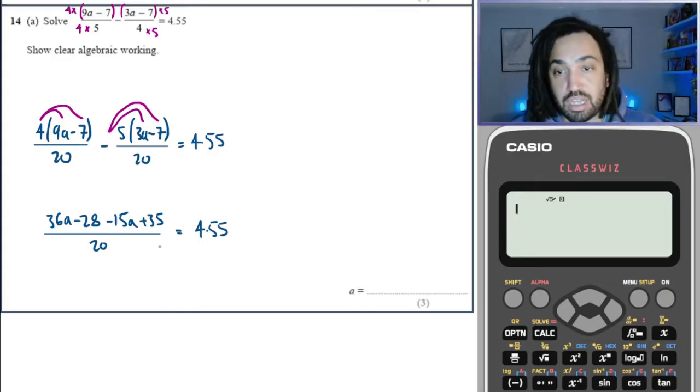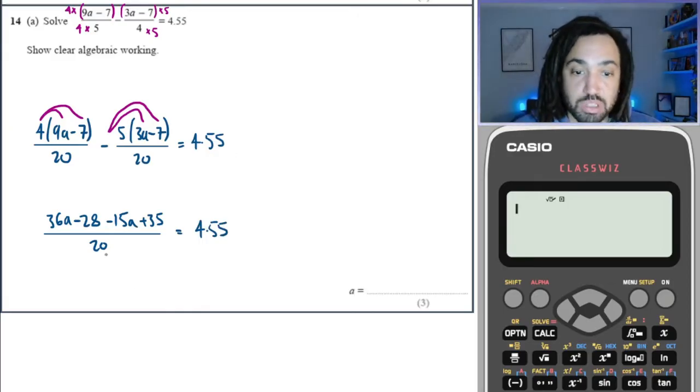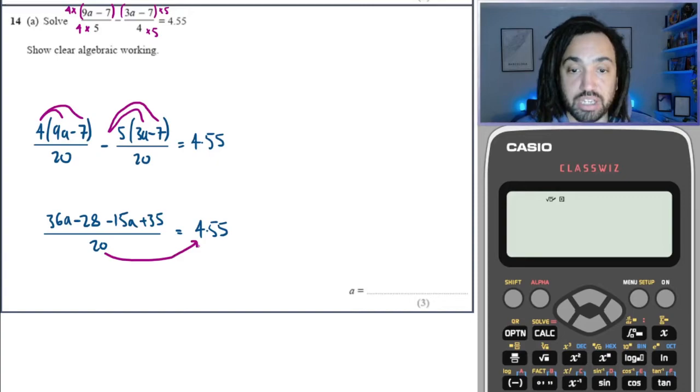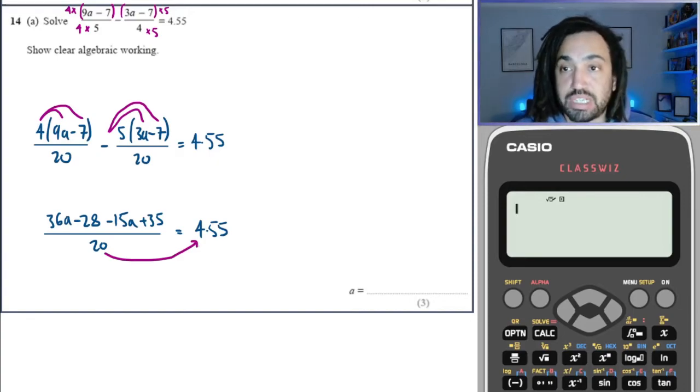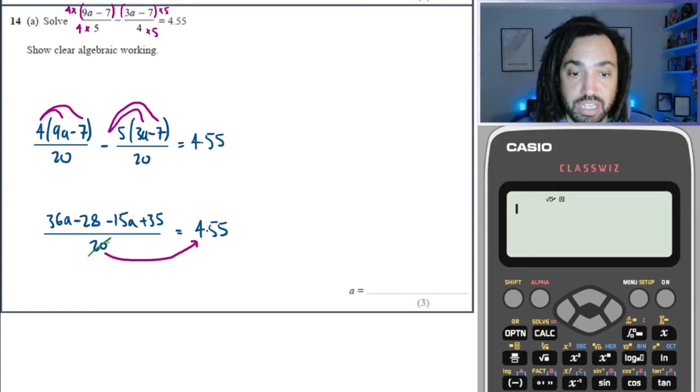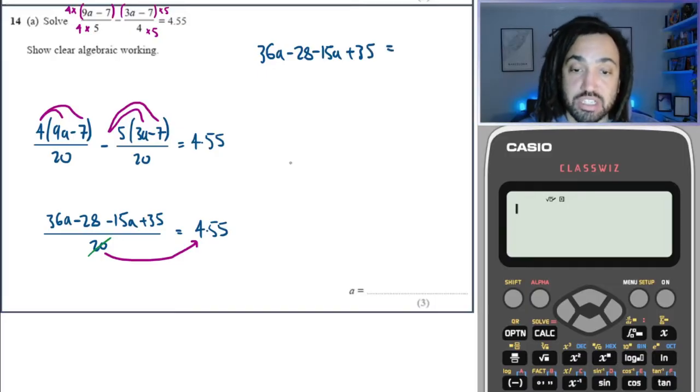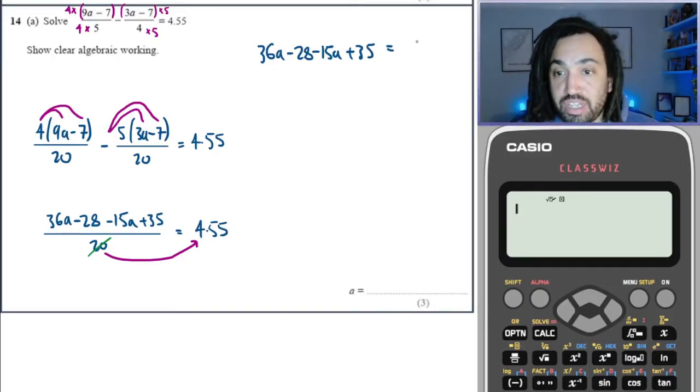Okay, what we can do next is we can multiply both sides by 20. And that will get rid of the divide by 20 over here, and it will make the right side 20 times bigger. So we get 36a minus 28 minus 15a plus 35 equals 20 times 4.55, which is 91.